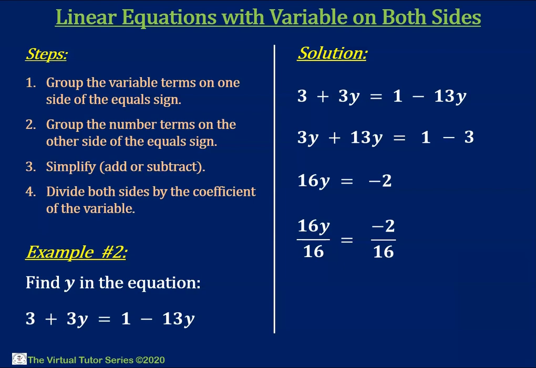At the left-hand side, 16 gets rid of 16, and at the right-hand side, 2 into negative 2 is negative 1, and 2 into 16 is 8. Therefore, y is equal to negative 1 over 8.